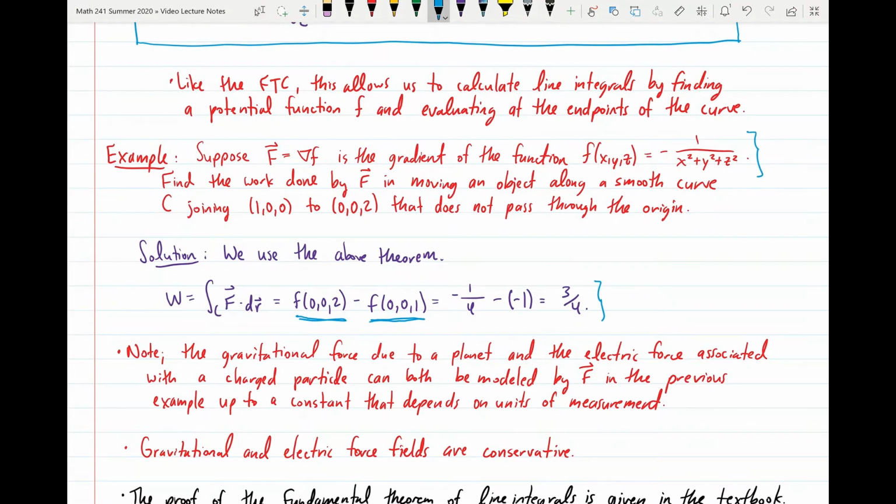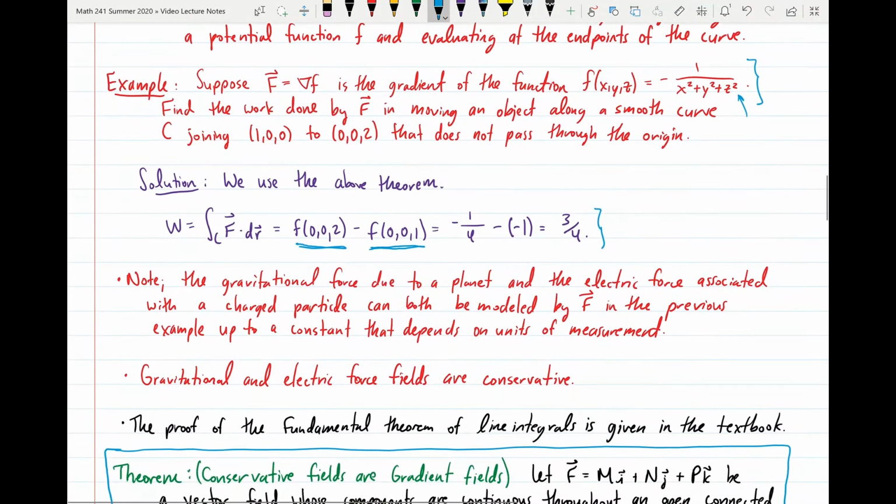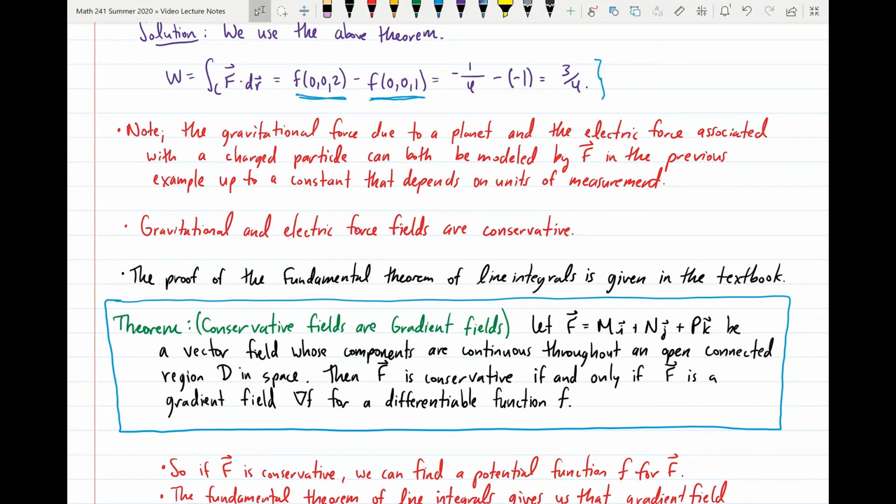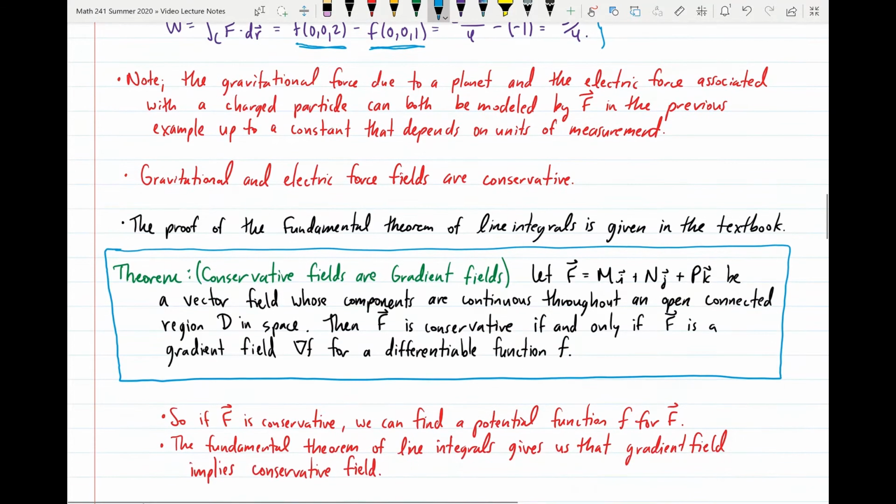So this little f ends up being a potential function for the vector fields that describe gravitational and electric force. And consequently, or maybe not consequently, but regardless, gravitational and electric force fields are conservative fields.